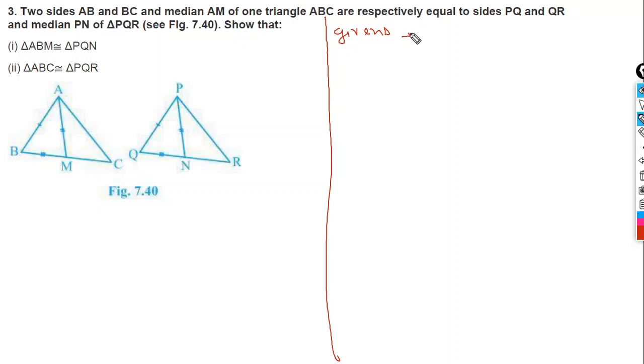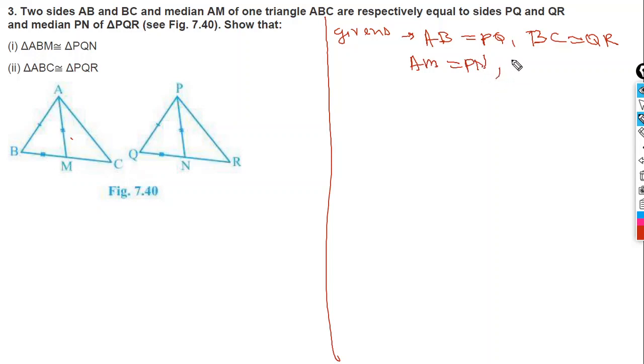Therefore, given is AB equal to PQ, BC equal to QR, and AM equal to PN. This much is given. Also, BM equal to CM, as AM is the median.